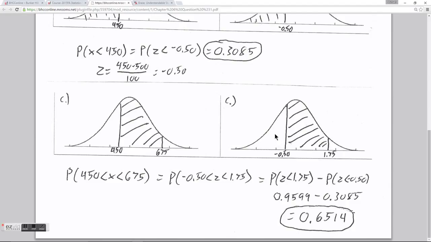The area in this blank space is the area to the left of z is negative 0.5. That's actually something we found in part B of this problem. So that area 0.3085 is this blank space right here, and subtracting it from 0.9599 will give me the area I desire, 0.6514, which is the probability that a student scores between 450 and 675.